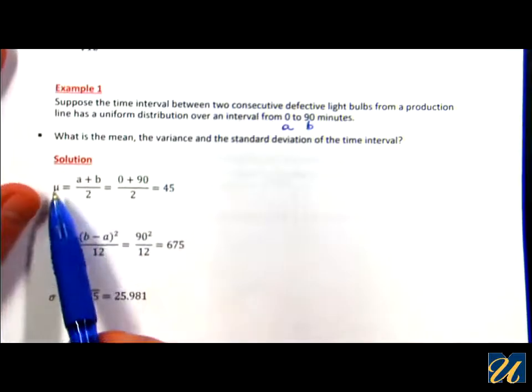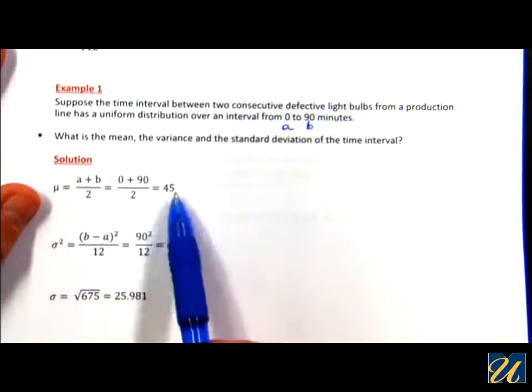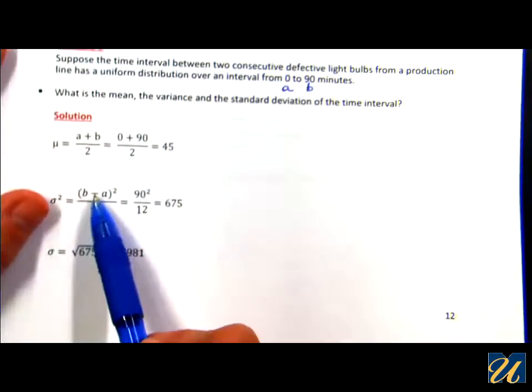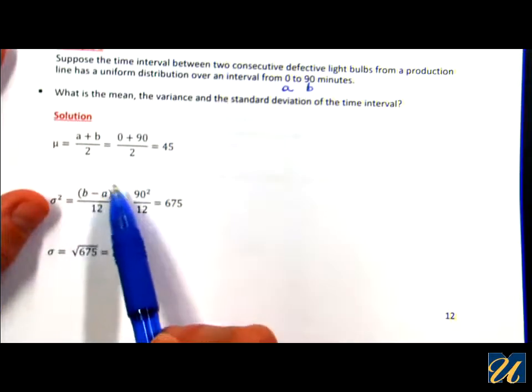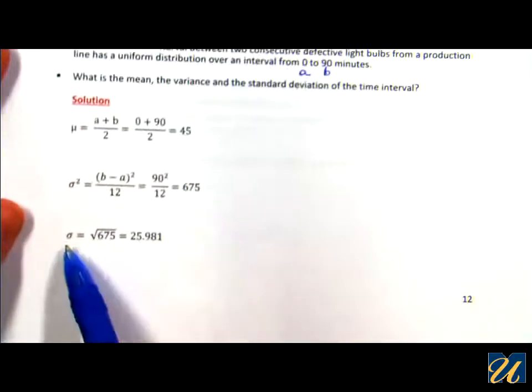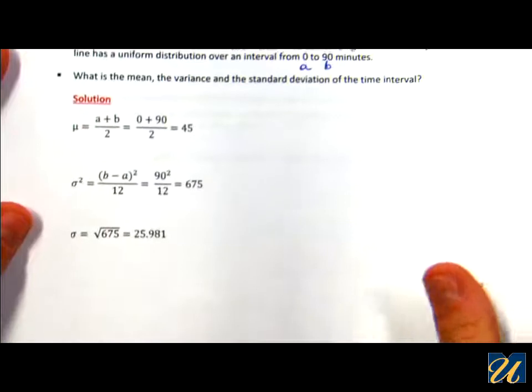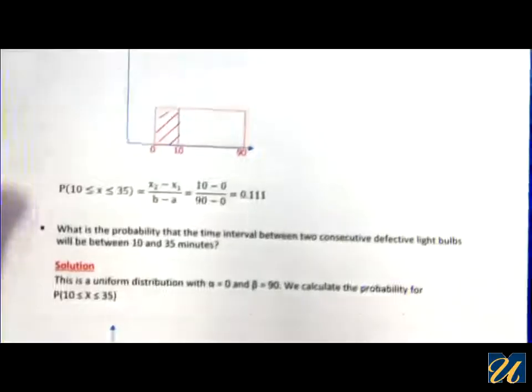We just mentioned that the mean is a plus b divided by 2, 0 plus 90 divided by 2, 45. The variance, 90 minus 0 squared over 12, 675. And the standard deviation, we take the square root of that, 25.981. The standard deviation, once again, is always the square root of the variance.